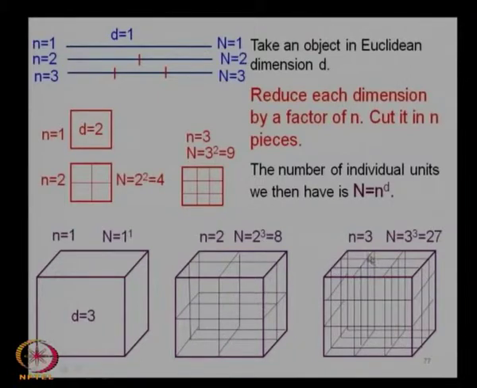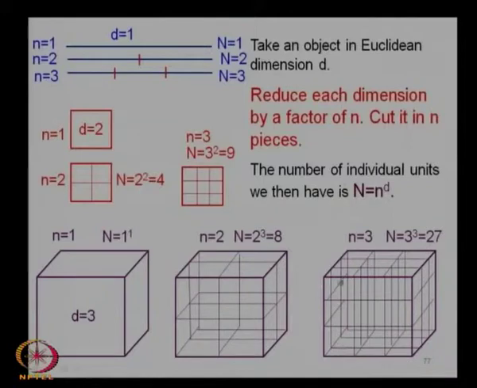Now if you divide each edge into 3 parts rather than 2, you see this figure in the lower right corner over here. So here are the 3 parts, 1, 2 and 3. This edge is also divided into 3 parts, 1, 2 and 3, and this edge is also divided into 3 parts, from here to here, which is the first, from here to here, which is the second part, and from here to the corner, which is the third part.